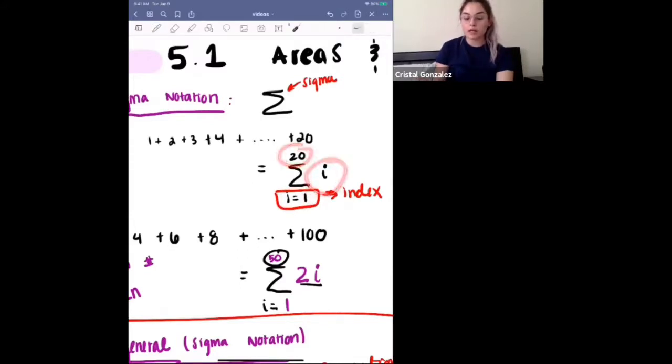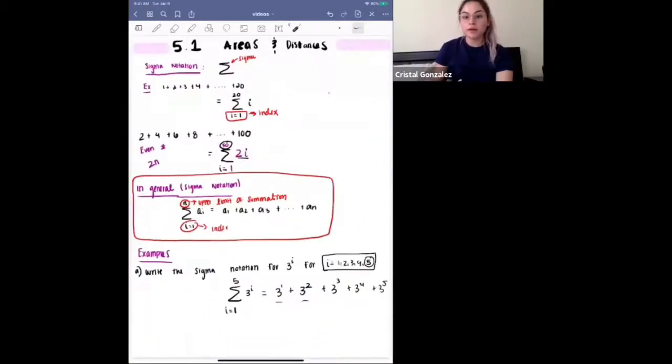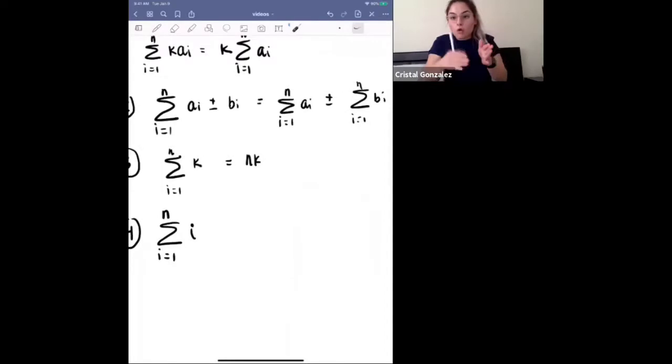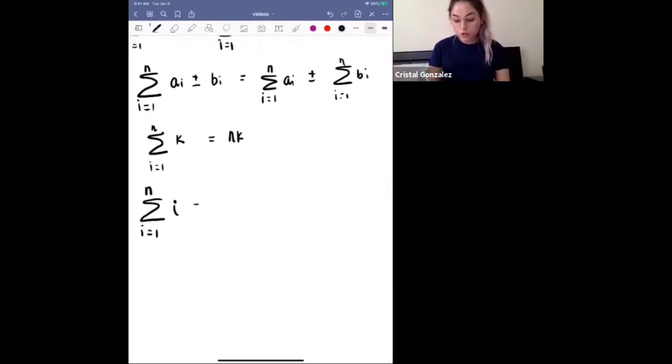That means that you are adding consecutive numbers over and over again until you hit the upper limit. And now instead of having to say, okay, I have to add 1 plus 2 plus 3 plus 4 plus 5 all the way to 20, we now have a formula for it: if you are adding consecutive numbers over and over again, then it's going to be equal to n times n plus 1 all over 2.